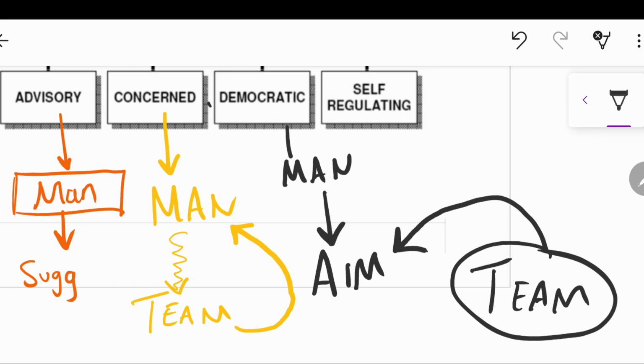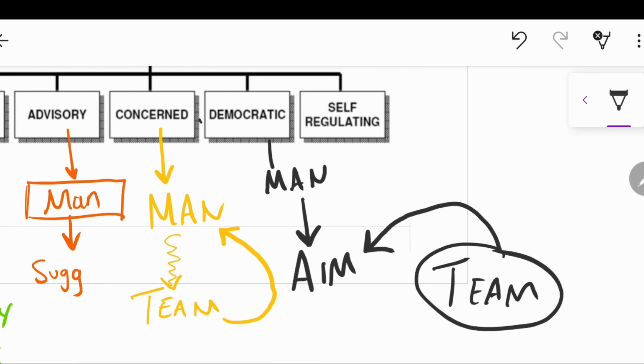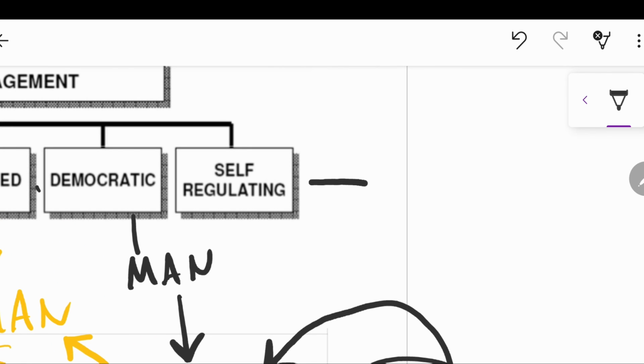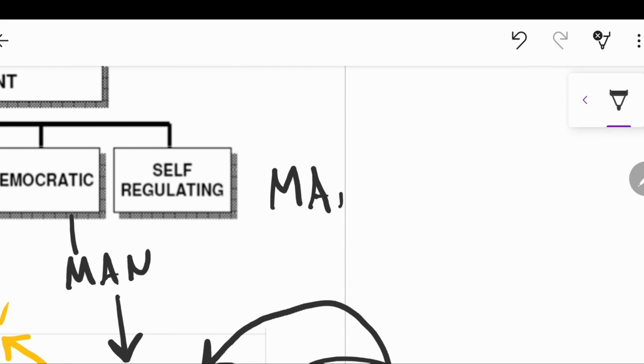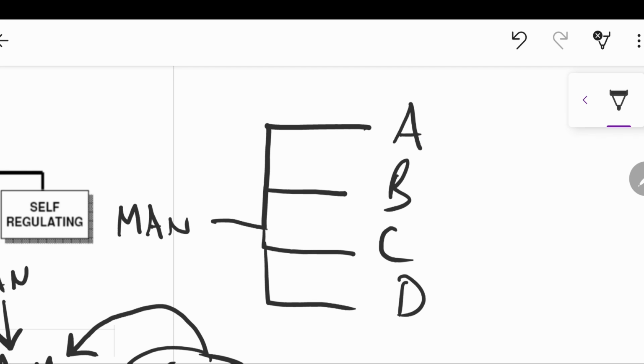Okay, now finally we have the self-regulating manager. The self-regulating manager gives autonomy to his team. All right, so say we have a manager, and the manager has different departments: Department A, B, C, and D. And let's say the manager gives an aim.